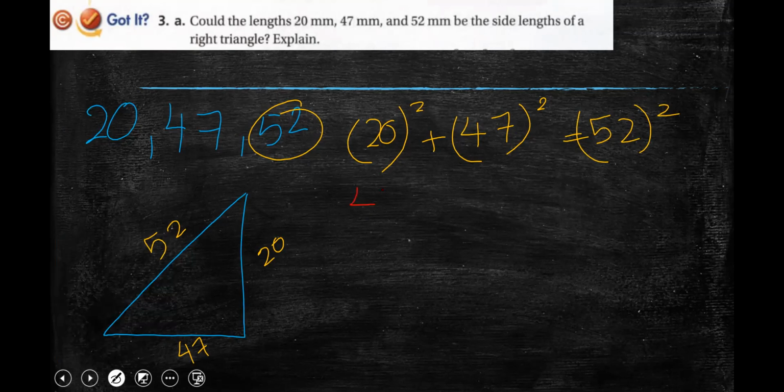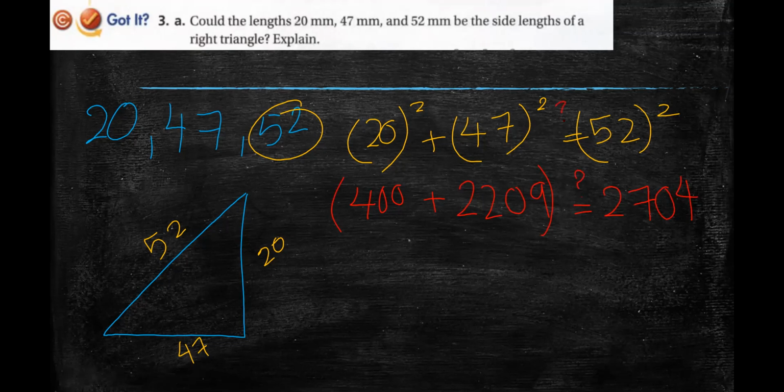20 squared is 400, and 47 squared is 2209, and 52 squared is 2704. Let's add them to see if the sum of these two numbers equals 2704. Let's see. 9 plus 0, 9. 0 plus 0, 0. 2 plus 4, plus 6.